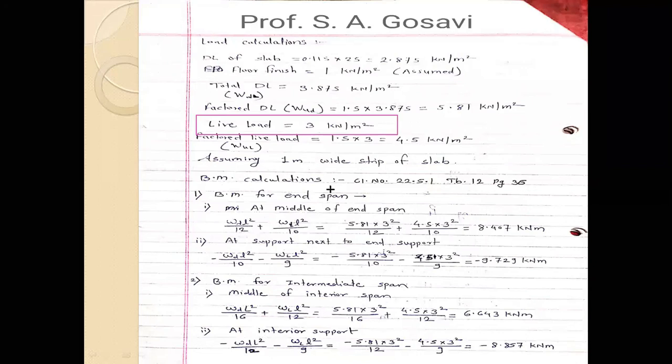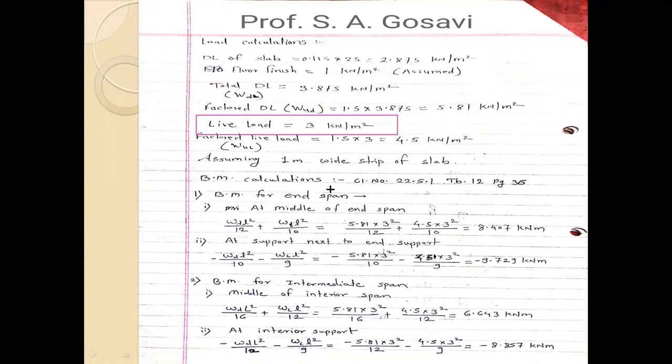Whenever it is a residential building, the live load varies between 2 kilonewton per meter square to 3 kilonewton per meter square. And for a public building or commercial building, it varies from 3 to 5 kilonewton per meter square. So for public, you generally take it as 5, and for residential, you take it as 3, if the values are not given in the problem.